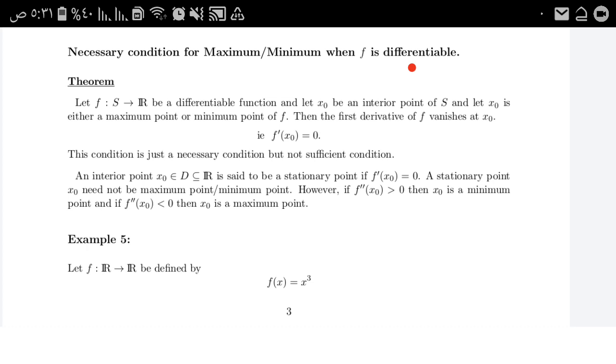In the previous part, we assumed that the function f is not differentiable, but in this part we assume that the function f is differentiable.